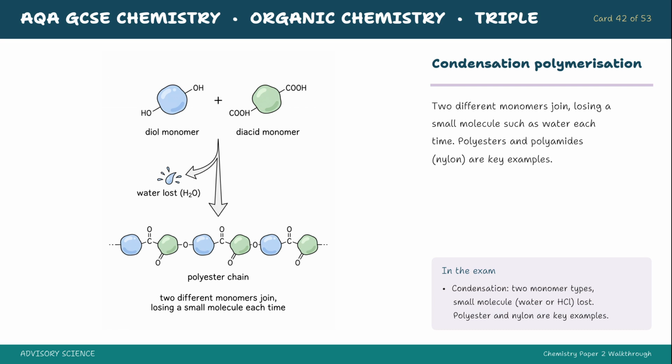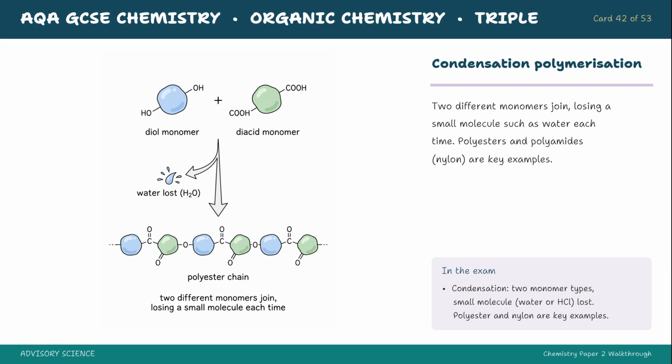Each time two monomers join, a small molecule, usually water, is lost. So unlike addition polymerization, there are always two products, the polymer and the small molecule given off. This requires two different monomers, each with two reactive ends.